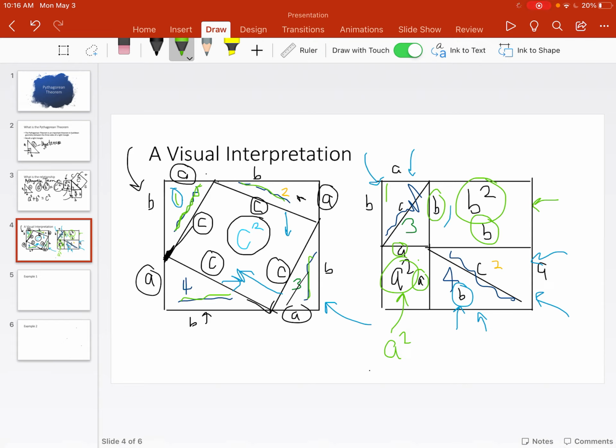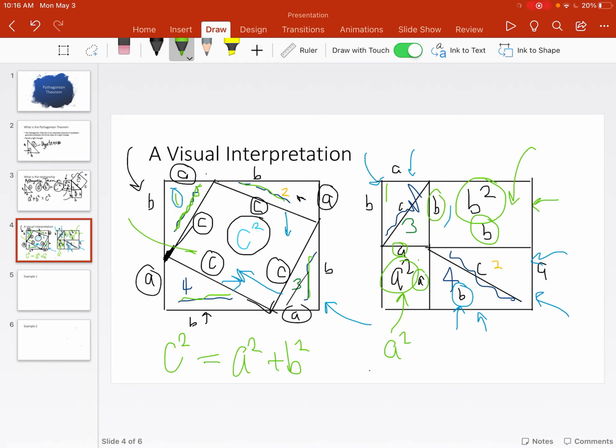So therefore, by rearranging the colored triangles, just by moving them around, what I've discovered is that the area of the non-shaded regions, in this case it was C squared, is equal to then A squared plus B squared.